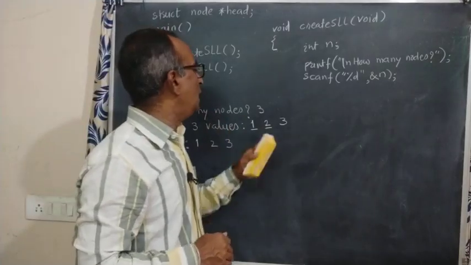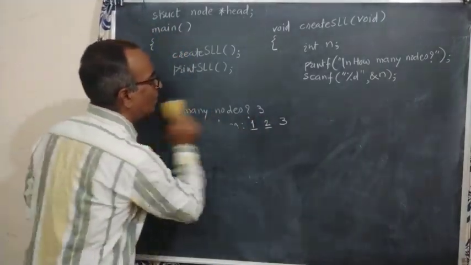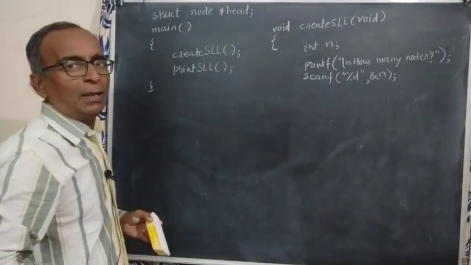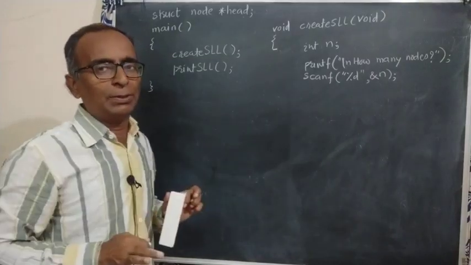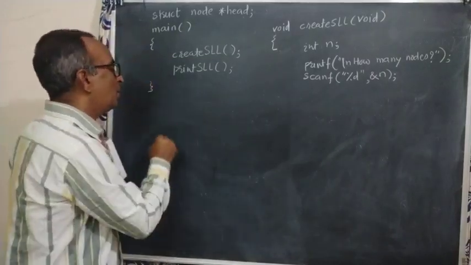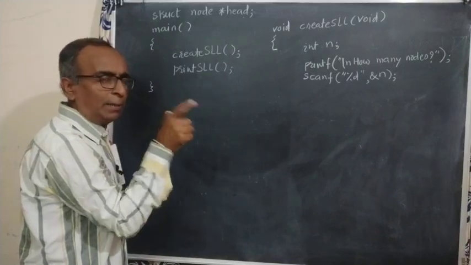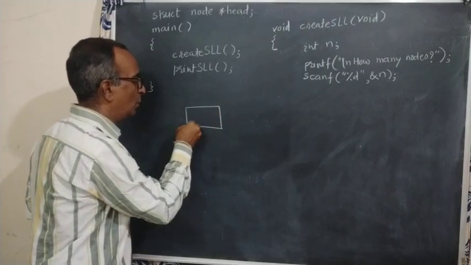Now n we have read as 3. Now how to think about the logic for this, I'll tell you. We have to repeat something 3 times. What are we repeating? Whenever you are creating a linked list, we are creating a node. So create one node.